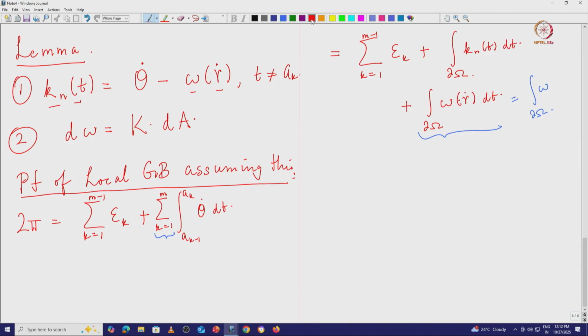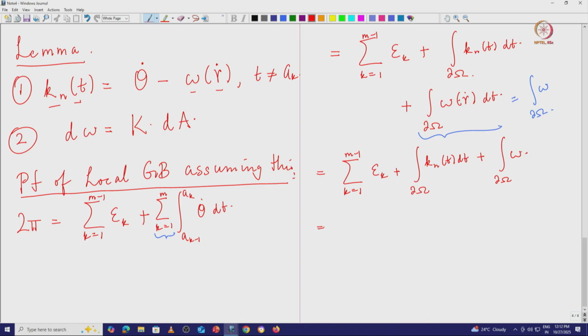So you can rewrite this as the sum over k going from 1 to m minus 1 of epsilon k, plus the integral of the normal curvature, plus the integral of this one form on the boundary.